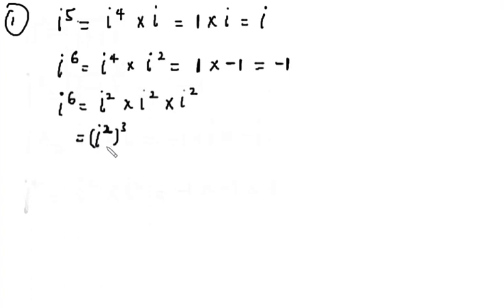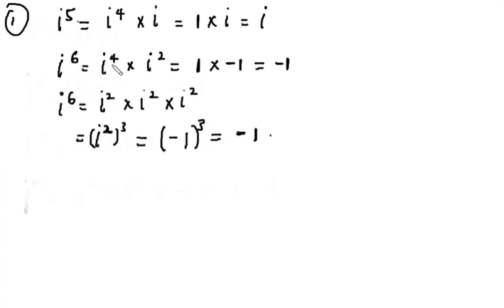We know that i to the power of 2, inside this bracket, is equal to minus 1, and then we have the cube outside. So minus 1 cubed is equal to minus 1.